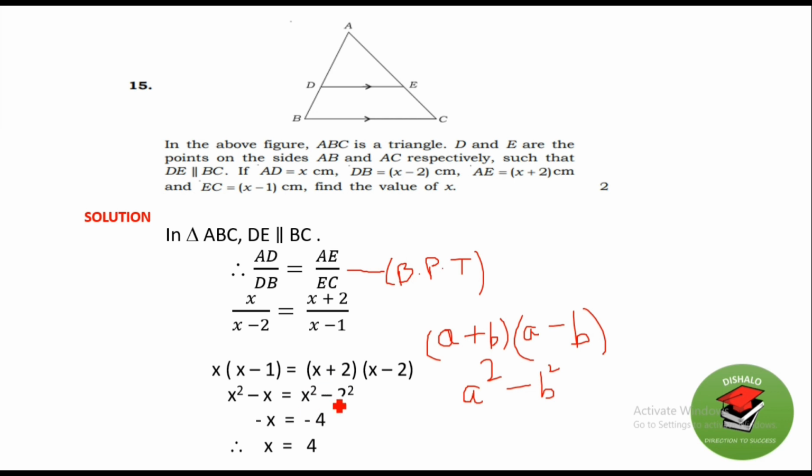So x square minus what is b? 2 square. Then my x square and x square get cancelled. So I'm left with minus x equals minus 2. Then minus and minus get cancelled. 2 square is 4. So the value of x is 4.